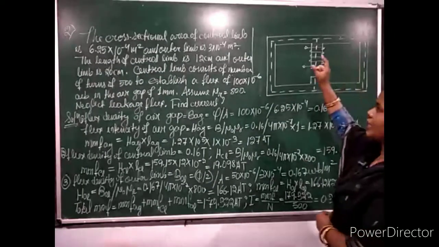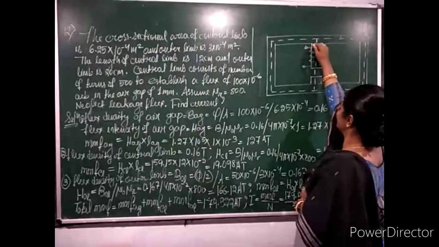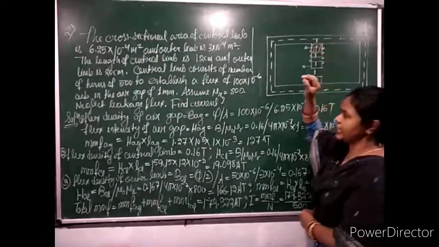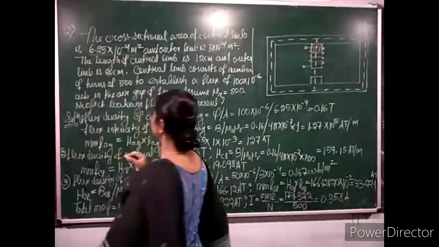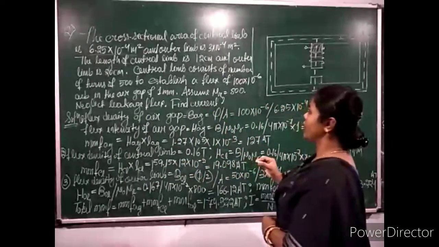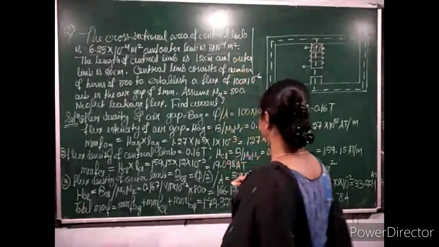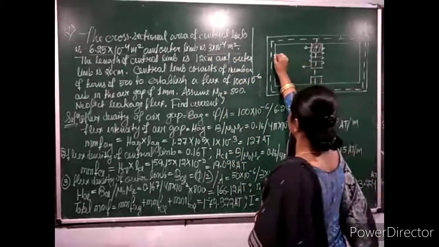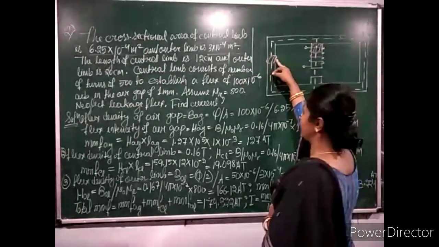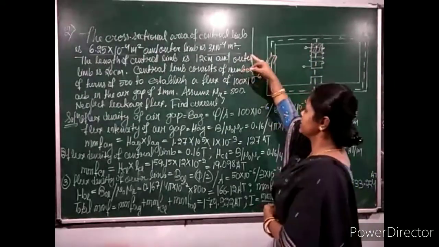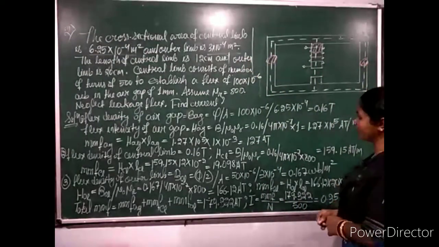The data given are cross-sectional area of the central limb is 6.25 into 10 to the power minus 4 meter square, and outer limb is 3 into 10 to the power minus 4 meter square. The outer two limbs, this one and this one, have same cross-sectional area, 3 into 10 to the power minus 4 meter square. Okay.